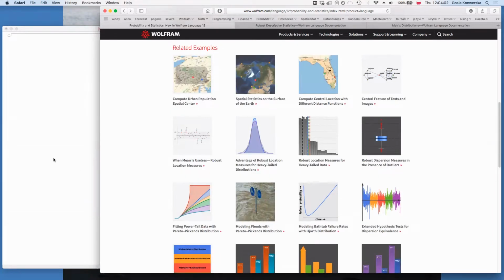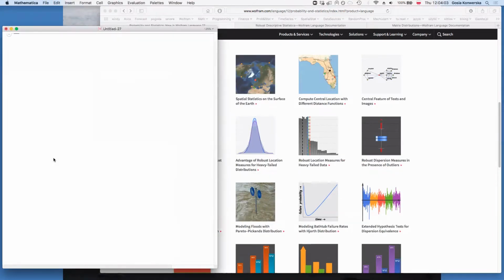So what I would like to start with is to show some examples of robust statistics. Let me say why we actually need robust statistics, where we can have the mean. But the problem is that sometimes the mean is useless.